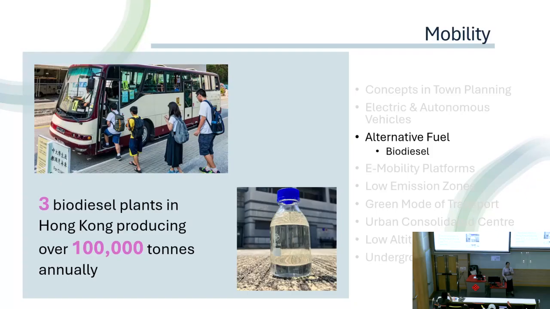But the problem is that the amount of biofuel produced is very limited. And most of the time, if we want to actually use it on a larger scale, it'll have a lot of problems. For example, how we can actually source the materials to create these biofuels.